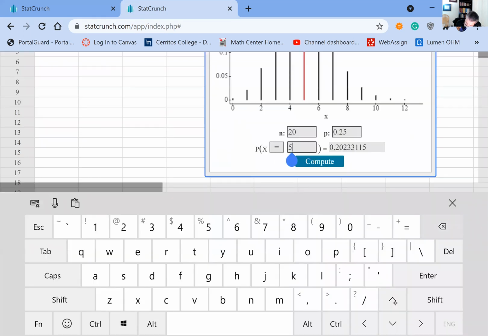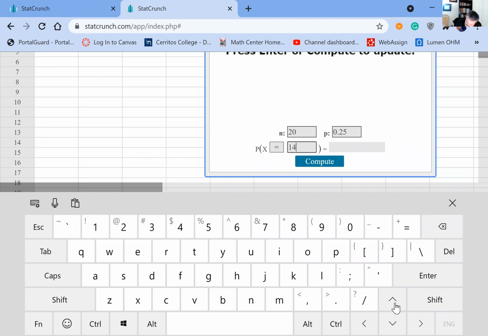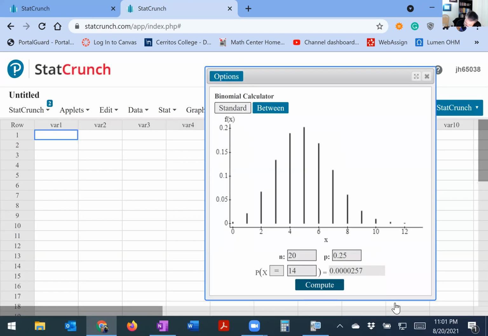Let's compute that. Exactly 14 is a small number. This is the probability that you would pass guessing, 0.000257. It's less than 1% chance of guessing and getting a passing grade.